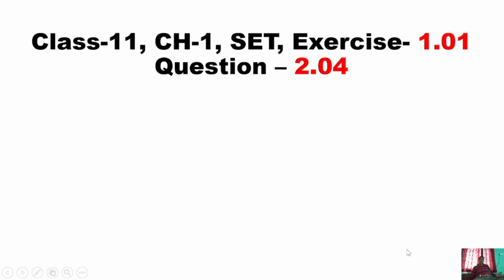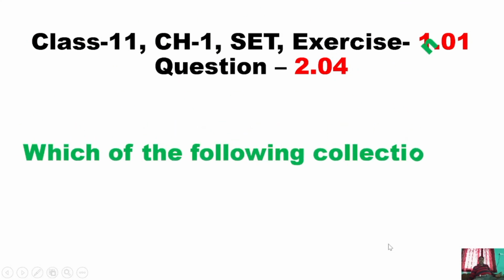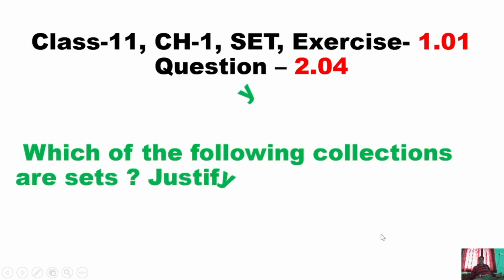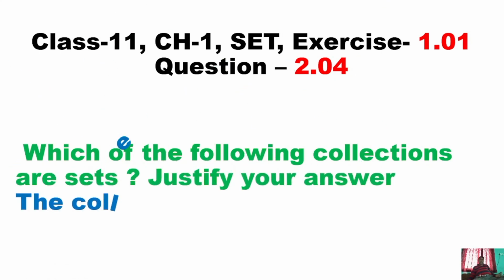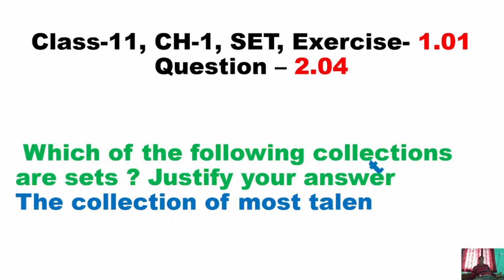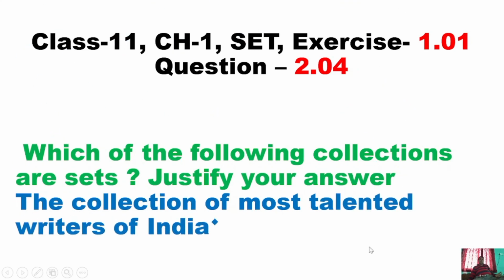Similarly, another question, question number 2.04, exercise 1.01. Which of the following collections are sets? The collection of most talented writers of India. Talented writers cannot be a set, because the word talented will differ from person to person.